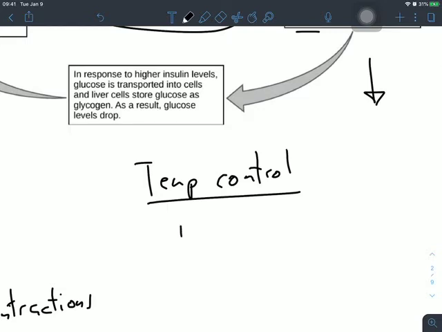The first is insulation. Now, it might seem kind of strange to us because we have large stores of fat right underneath our skin, but the purpose of that fat is, A, to provide us energy somewhere down the line when we need it, but also at the same time to help us maintain our internal body temperature.